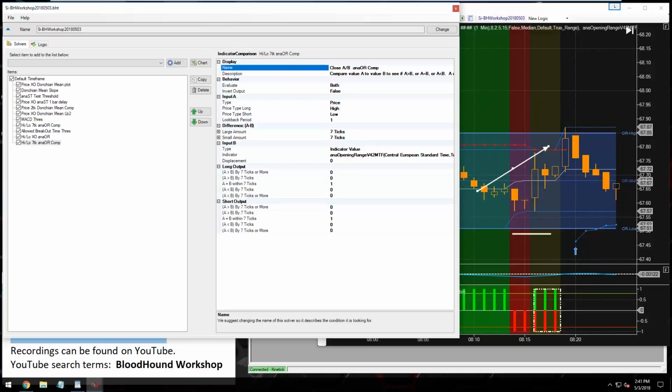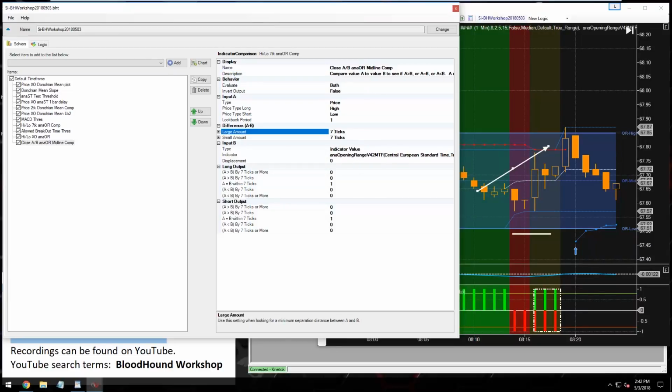So we're going to get rid of the 7 ticks, above or below, right, the midline. How about if I do this, the opening range midline? Or, oh, actually, above or below the ana midline. There we go. The ana opening range midline.